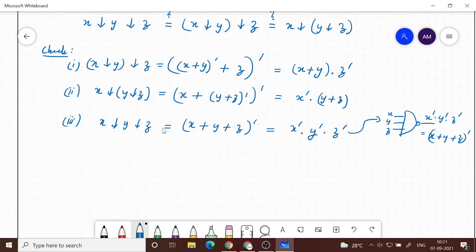So it is better to define these operations in terms of more basic and fundamental operations, which are plus and dot and complement. So these three are the basic operations. Those are well defined in the Boolean algebra, and the whole Boolean algebra requires two binary operations and one complement operation. They are well defined. Okay, so that has to be kept in mind.